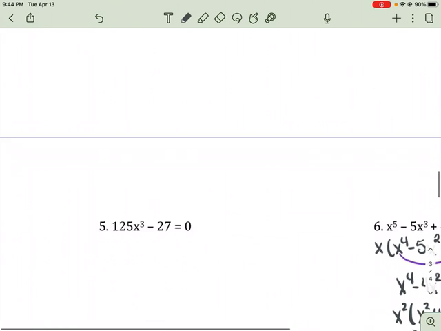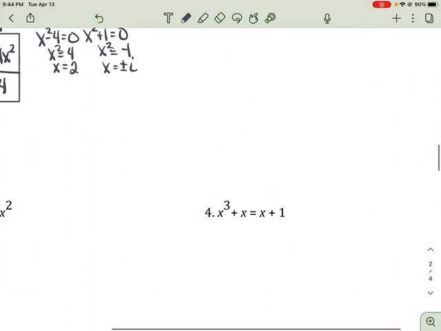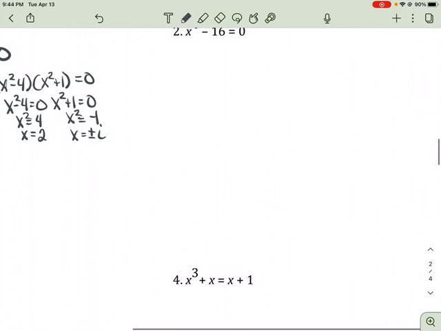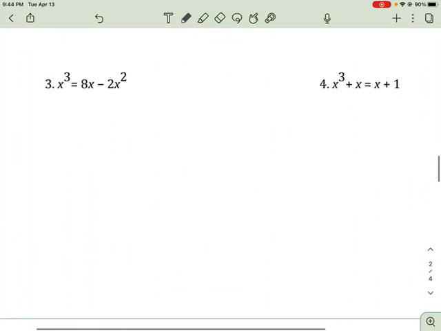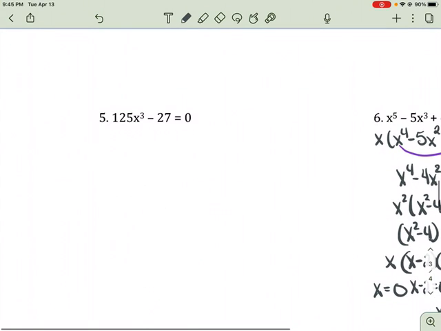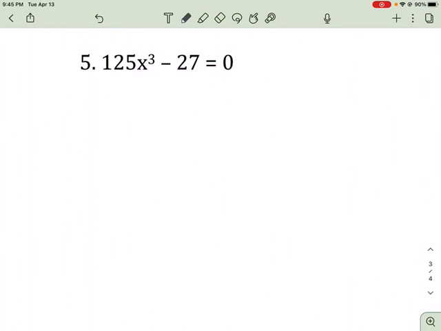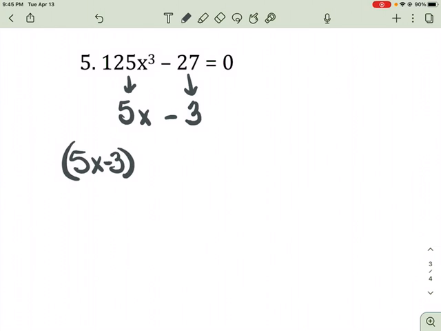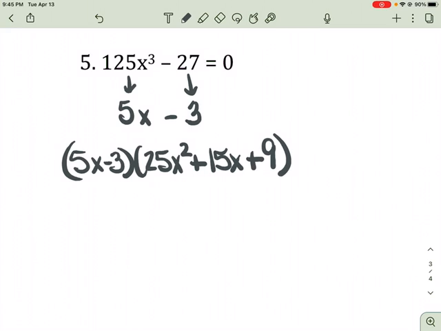I don't know which one we want to do. Oh, let's do this one. It's a cubic. All right, so we're going to cube root. So this is going to be 5x minus 3, and we're going to keep our sign. So make 5x minus 3, square, opposite, multiply, plus square.